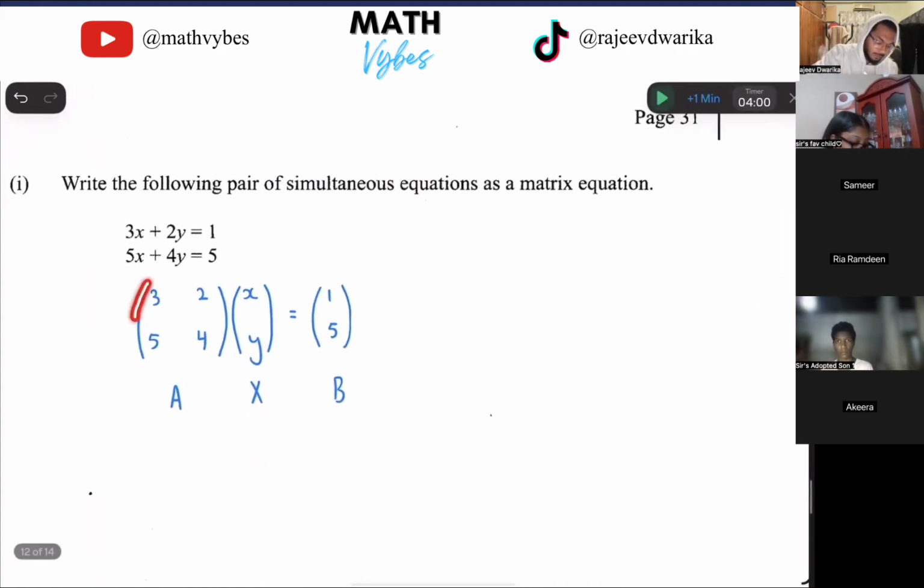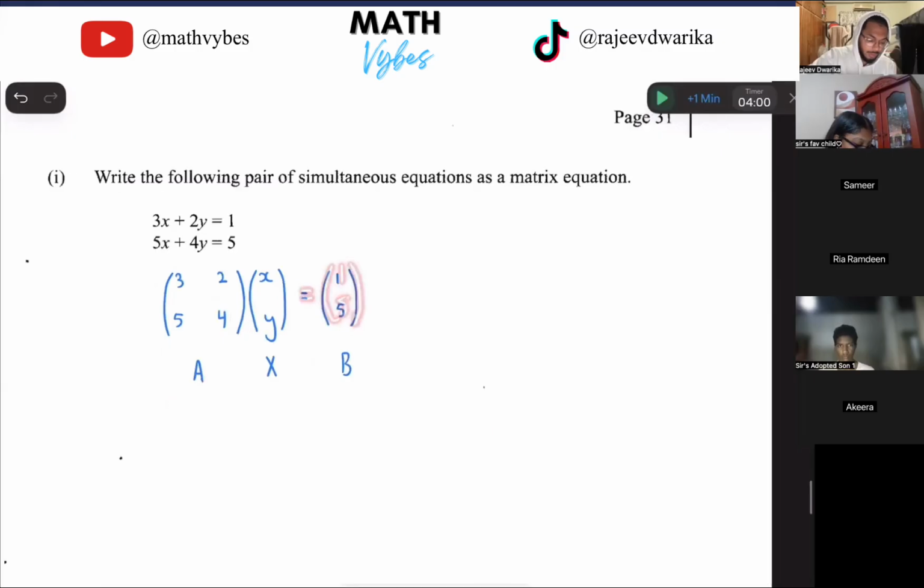So we need to come up with the matrix of coefficients, and coefficients are just the numbers in front of the variables. So 3, 2, 5, 4. Then we need the matrix of variables, x and y. And then the matrix of constants. So 1 and 5. Understand?